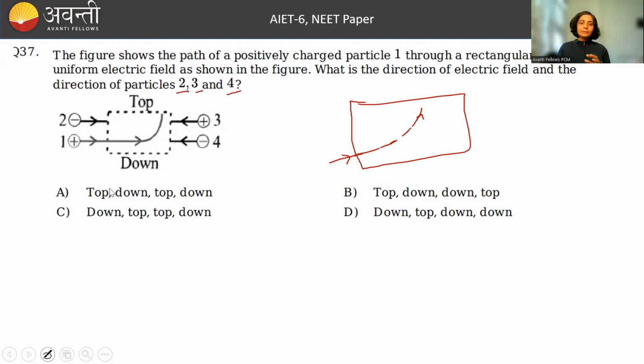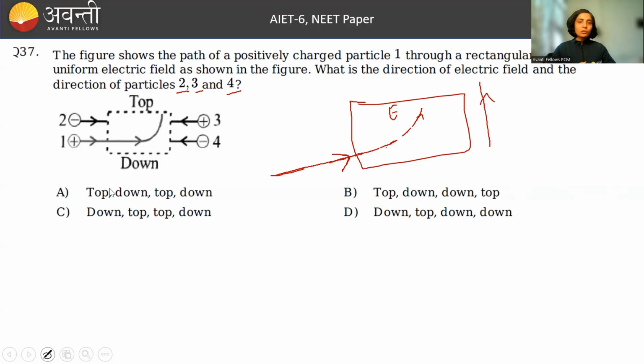Okay. First thing, I have told time and again in the class that on a positive charge, electric field applies force in its direction. And on a negative charge, force will act in the direction opposite to the electric field. So outside the electric field, there was a positive charge going in a straight line. Done. And if there is an electric field present in this region, and because of that the particle has a tendency to go up, it means the electric field is present in the upward direction.